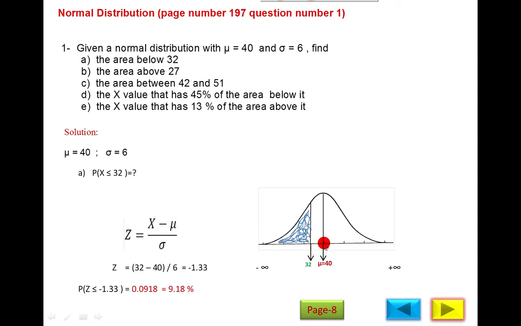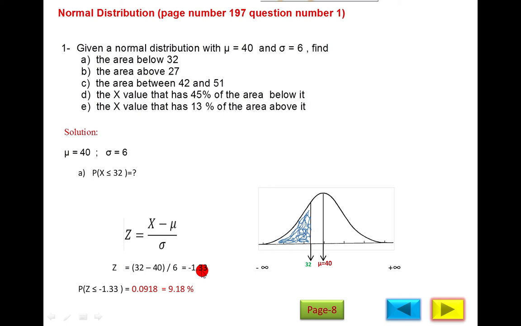So below 32, the mean lies at the center, the mean is 40. Suppose this point represents 32, find this area. So the value is minus 1.33, same as in Poisson and binomial distribution.